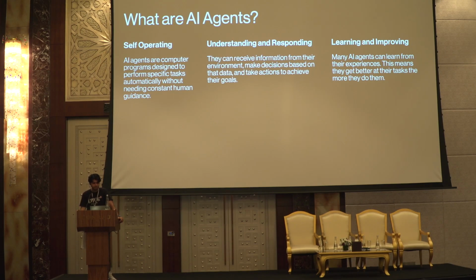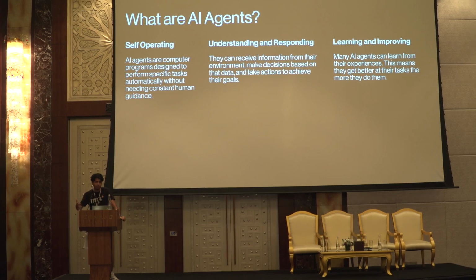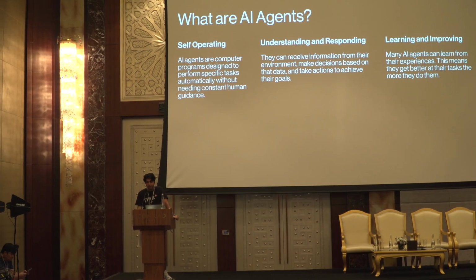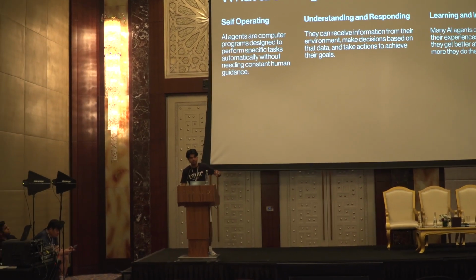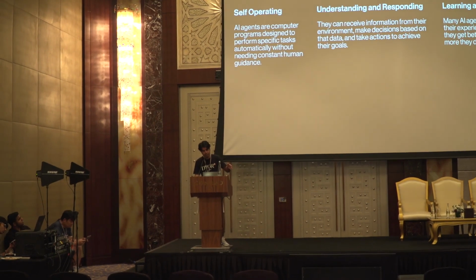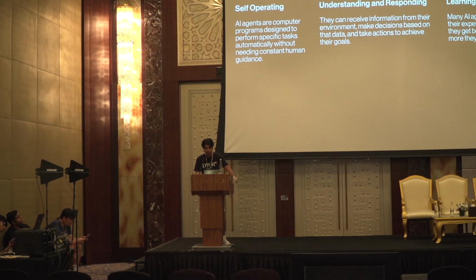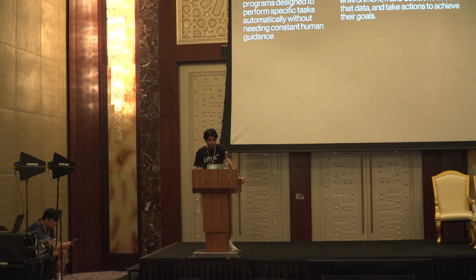They can perform tasks without human intervention, understand and respond to things, and take actions to achieve their goals. And the most important thing is that after they have taken actions, they're able to learn from those actions and iterate over them to make them even better. That's the gist of what AI agents are in general.